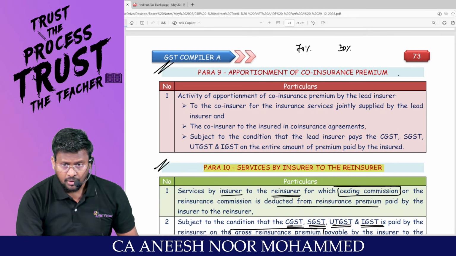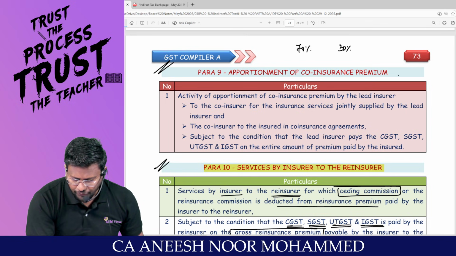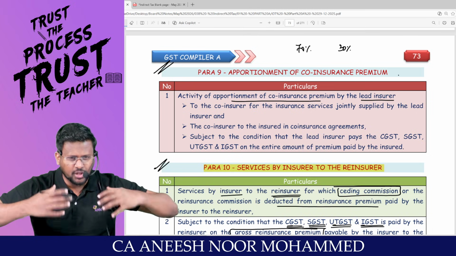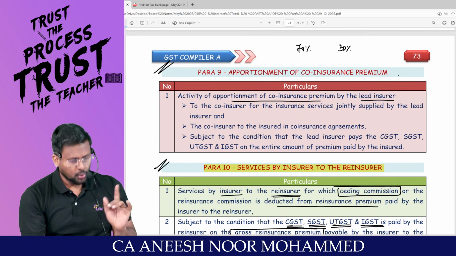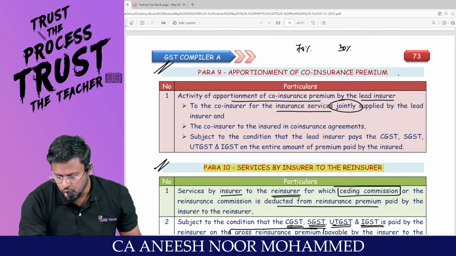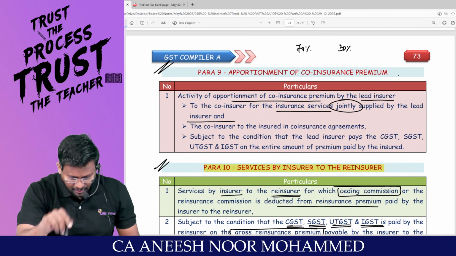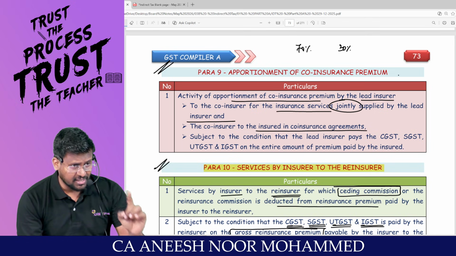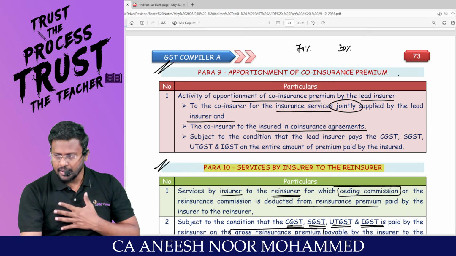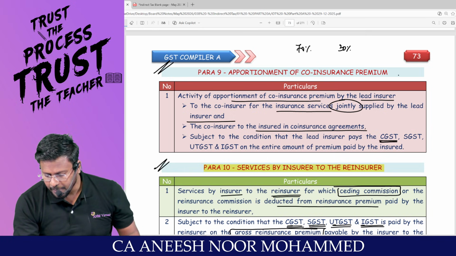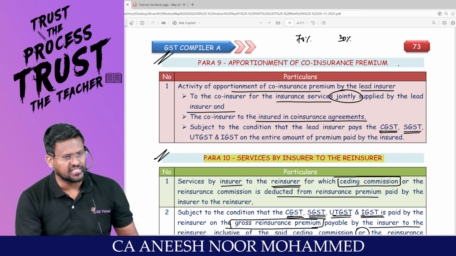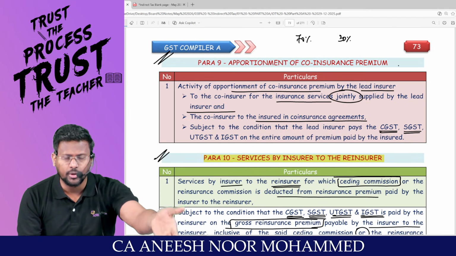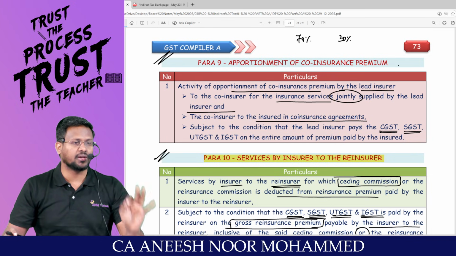So, if the lead insurer is giving 30% of the premium to the co-insurer, for the insurance service jointly supplied by the lead insurer and the co-insurer to the insured in the co-insurance agreement, but one condition is the main condition. What is the main condition? The lead insurer should pay 100% of the CGST, SGST, UTGST, IGST on the entire amount. Then whatever amount is paid by the lead insurer to the co-insurer will neither be treated as supply of goods nor be treated as supply of services.